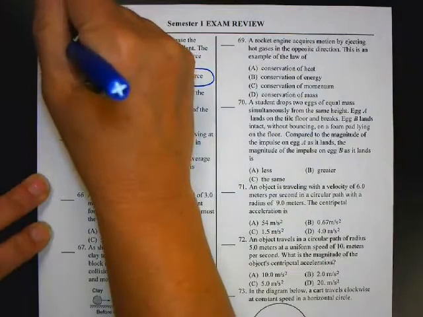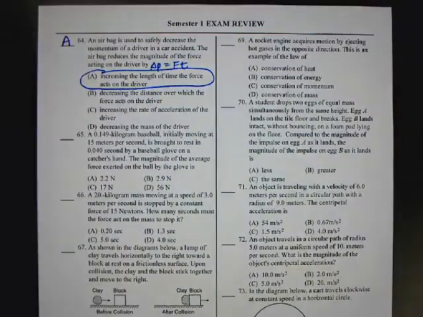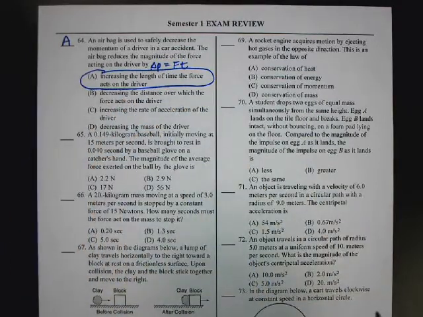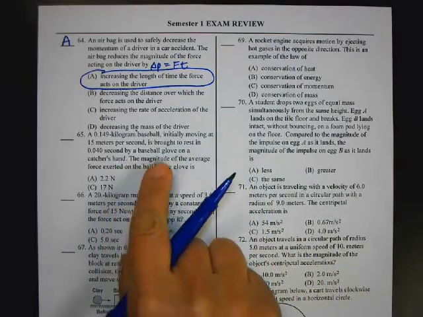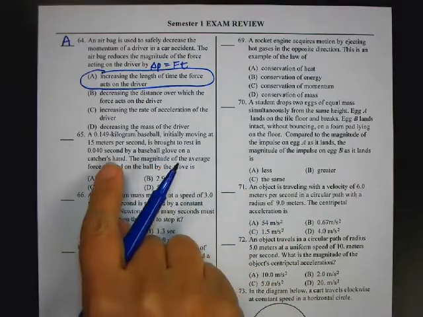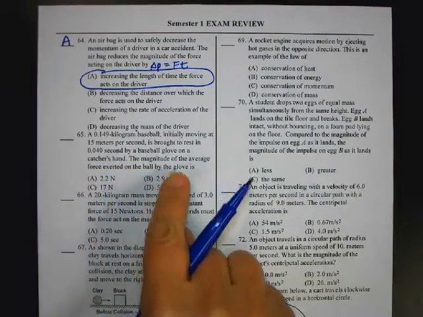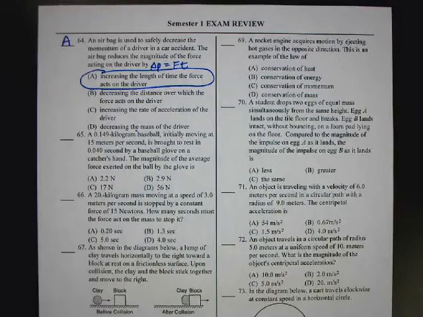Number 65, a 0.14 kilogram baseball, so that's the mass, initially moving at 15 meters per second, that's the initial velocity, is brought to rest, so that's the final velocity, in 0.04 seconds by a baseball glove. What's the magnitude of the force?